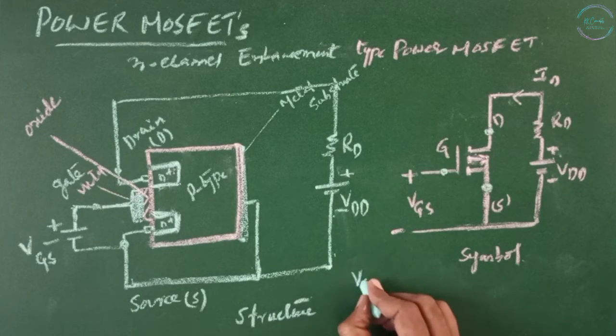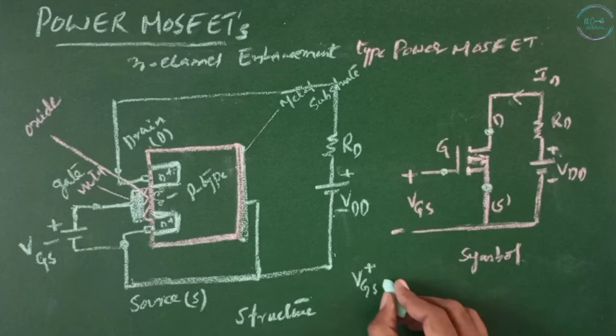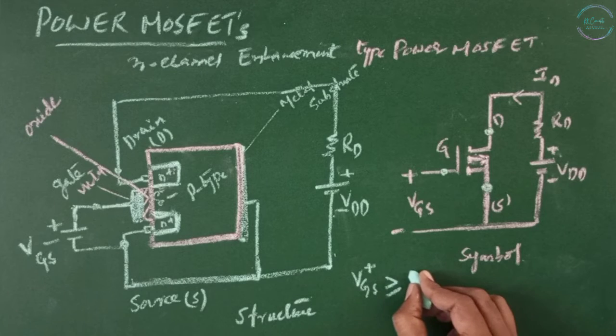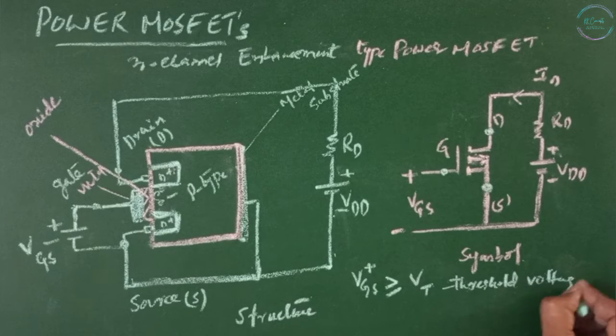When VGS is positive, an induced voltage will attract the electrons from the P substrate and accumulate them at the surface beneath the oxide layer. If VGS is greater than or equal to the threshold voltage VT, a sufficient number of electrons are accumulated to form a virtual N-channel and the current flows from the drain to source.